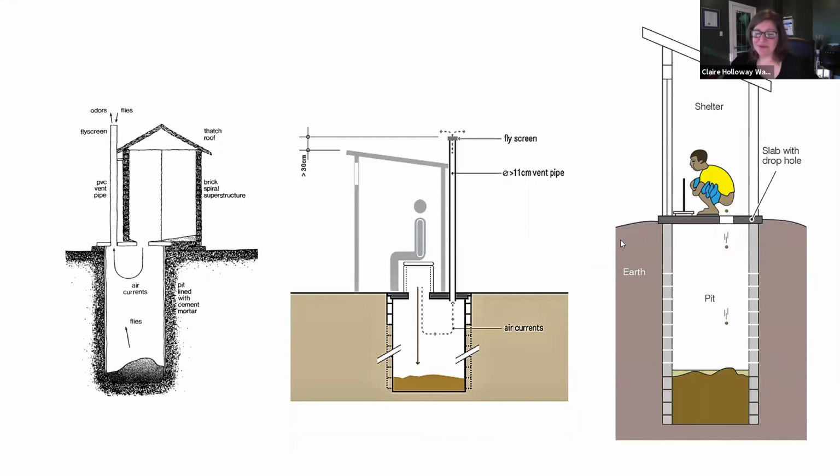Here's another example. These are 3 different diagrams of the exact same thing. I would say very different in terms of how they're going to draw your eye or their potential utility or appropriateness to different stakeholders. So you may have decided that you want to include a diagram of a ventilated pit latrine because your stakeholder audience has probably never seen one for themselves.